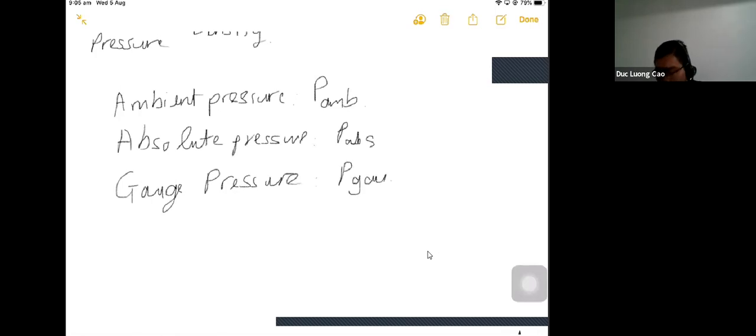Ambient pressure is very familiar to you. Ambient pressure is the pressure of the ambient, 101.3 kPa. Absolute pressure is the actual pressure, and gauge pressure is the pressure difference between absolute and ambient.